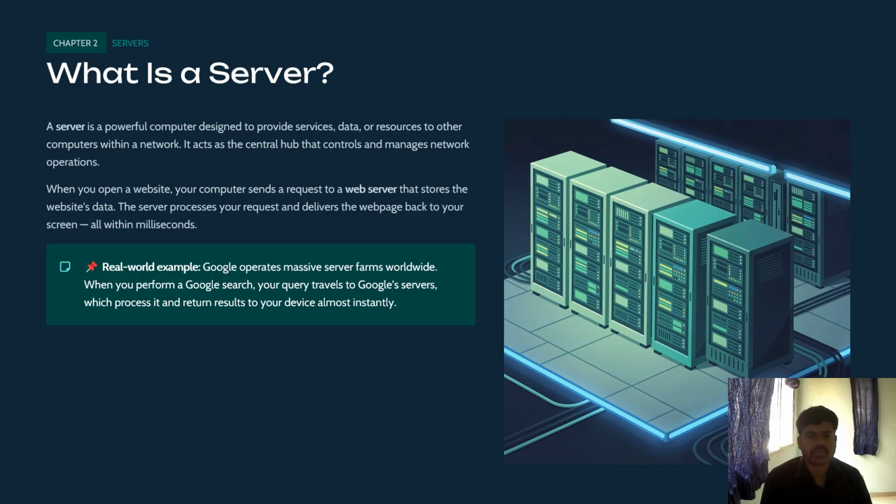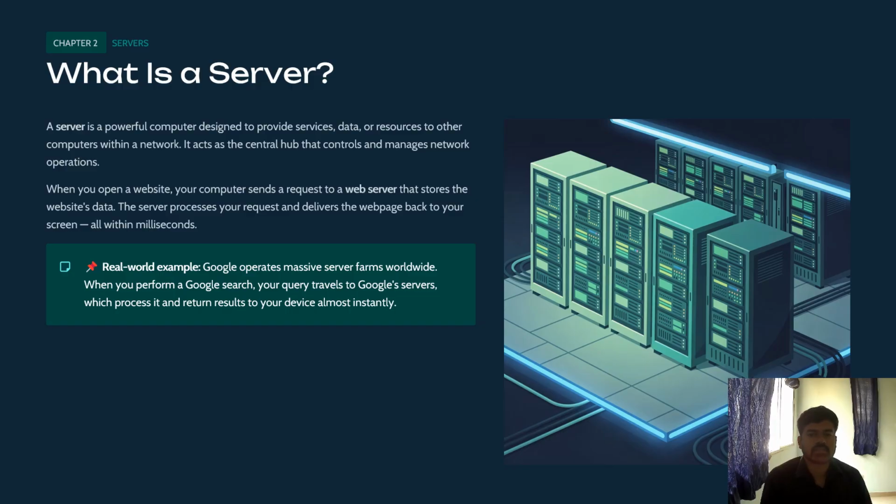What is a server? A server is a powerful computer that provides services, data, resources to other computers in a network. It works like a service provider. For example, when you search something on the internet, your computer sends a request. That request goes to a server.